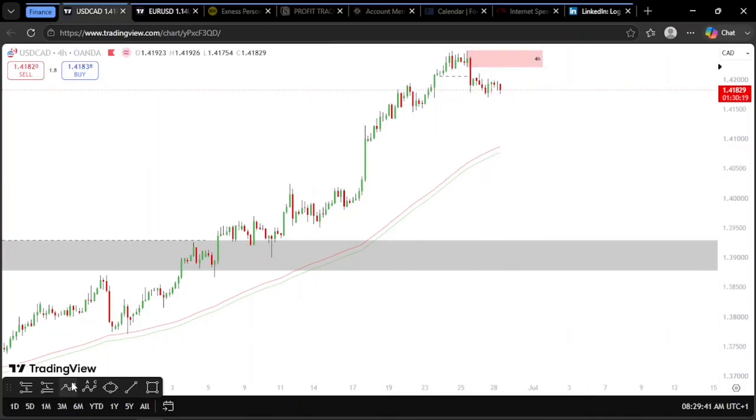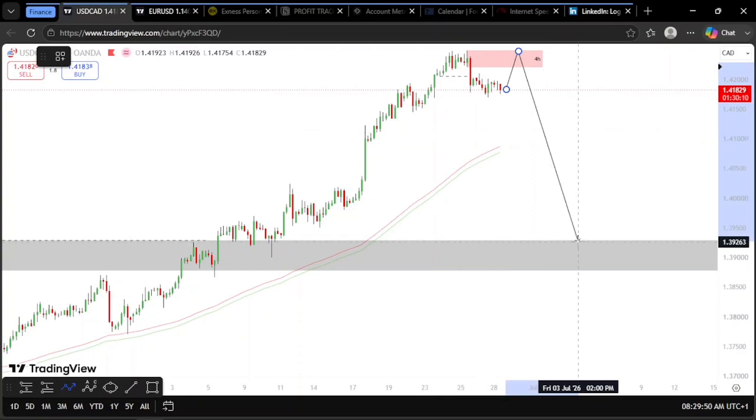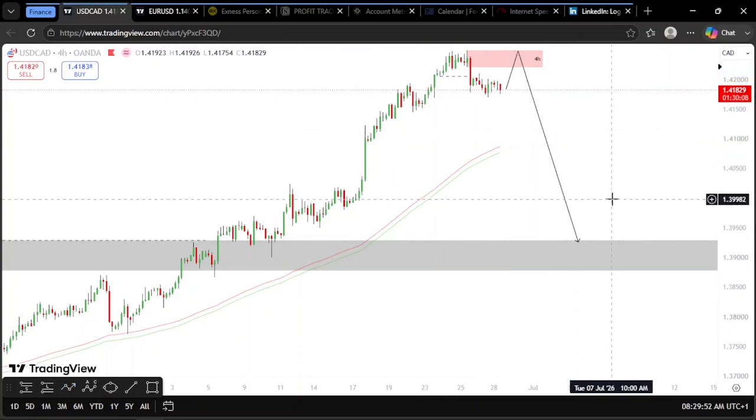So what I'm going to be looking for is for price to actually come either here or maybe sweep this high. Then we are going to look for confirmation and take this trade up to this POI zone on the daily time frame.